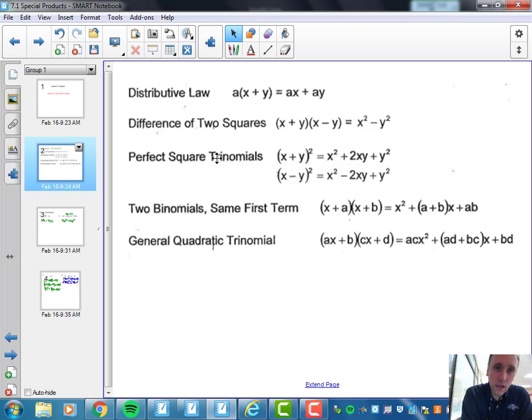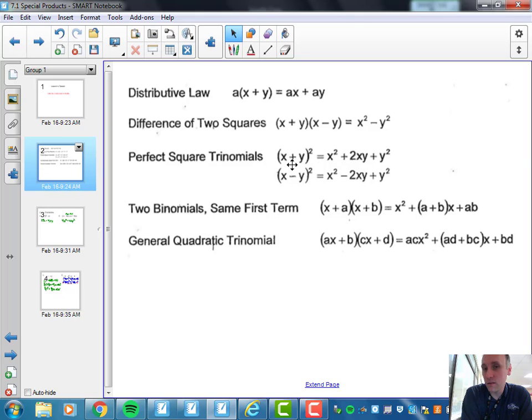Perfect square trinomials, where I'm taking some binomial and I'm squaring it, either adding or subtracting those numbers, and I square that sum or difference. What I'm going to be turning into is a perfect square trinomial, where I'm going to have the x term squared and the y term squared, and then I'm going to have 2 times x times y.